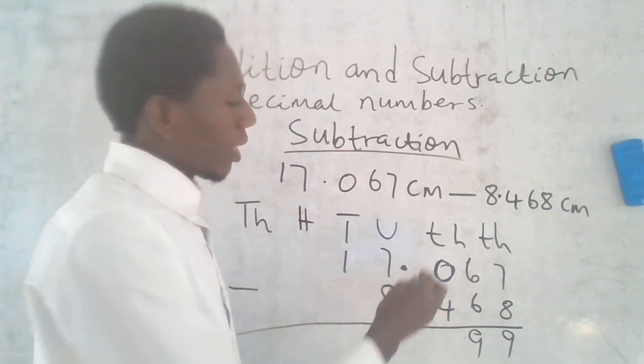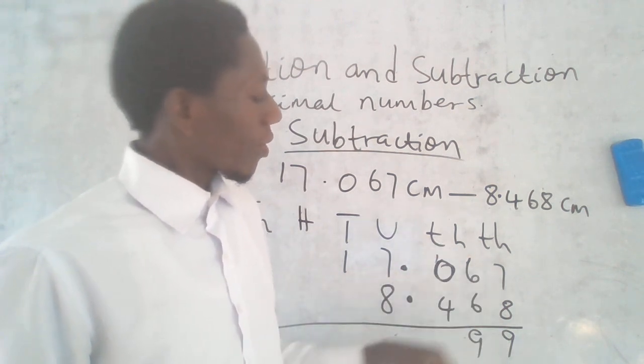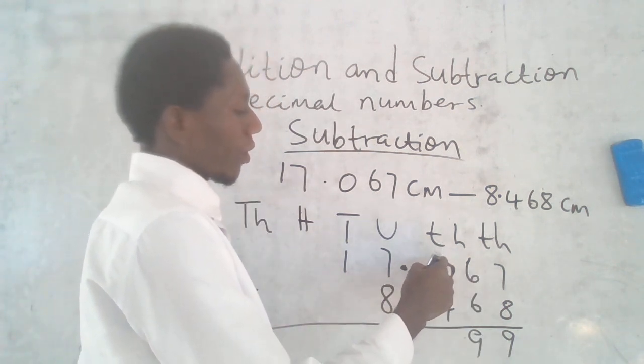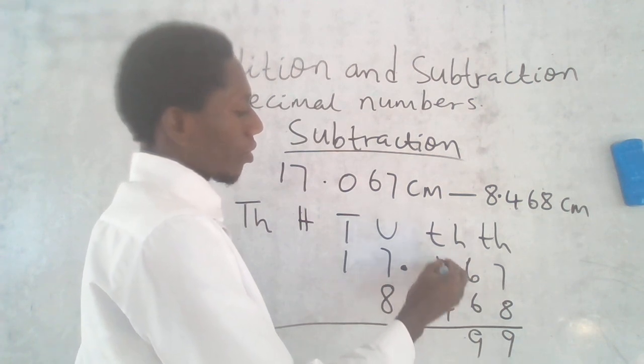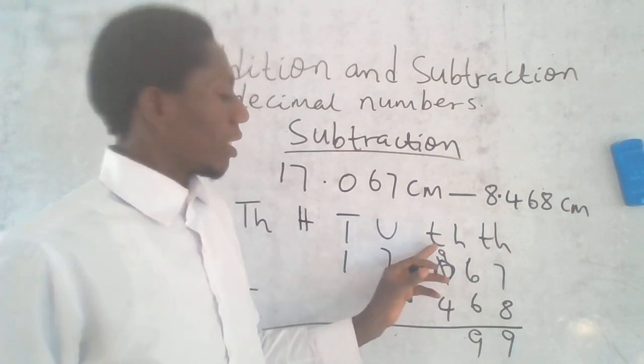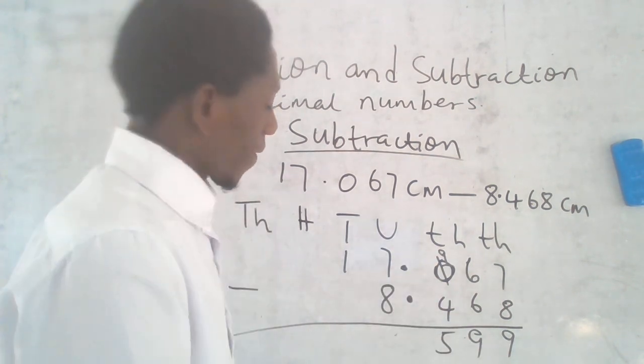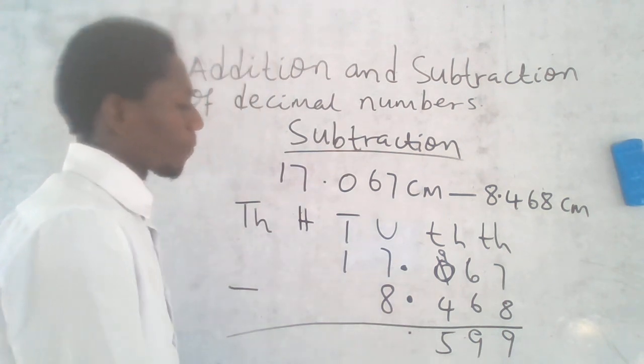Okay, when you borrow here, it was 10, but you took away 1, so this will become 9. 9 minus 4 is 5. Okay, so now you put your point.